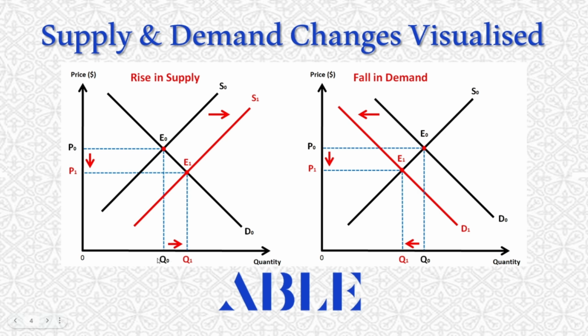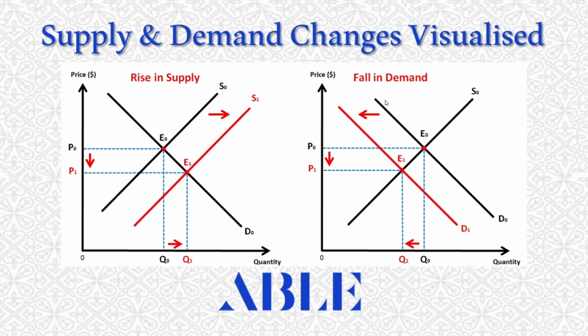Previously Q0 amount was being supplied to the market and people were willing and able to buy at a price of P0. But now the supply has increased and demand hasn't changed at all. So there's a larger quantity being supplied to the market at Q1, and because of the larger quantity but no change in demand, the price has dropped from P0 to P1 because the good is more readily available.